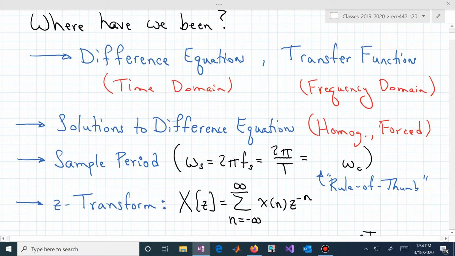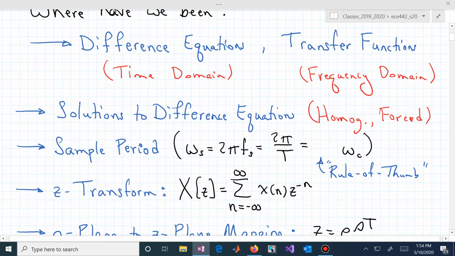So we know how to work with systems described in the discrete time setting, both in the time domain and frequency domain. We can do the solutions by transforming into the frequency domain, multiplying the system times the waveform or pieces of the waveform, getting that z-transformed output expression, inverse z-transforming, and now we have the output expression. We know how to play now with difference equations or discrete time systems.